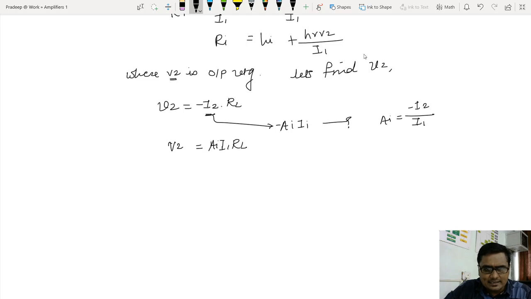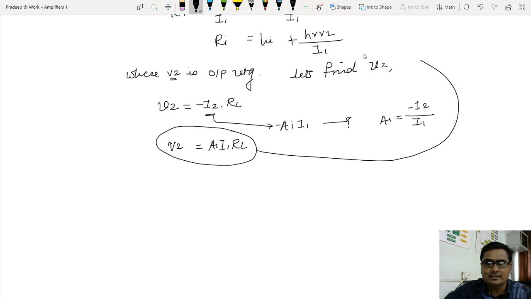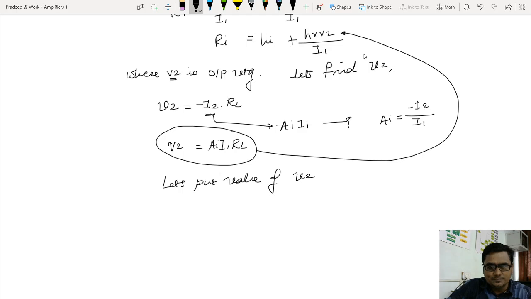Now why did I try for this V2? Because I want to put this value of V2 in this equation. That's what I'm hunting for. So let's put the value of V2 in the equation of Ri.